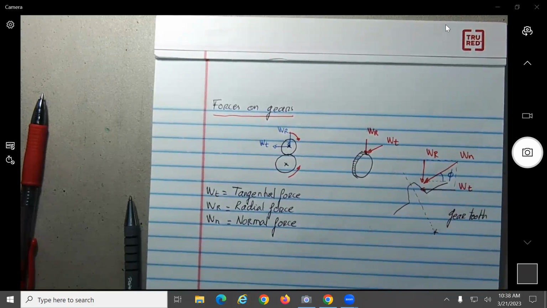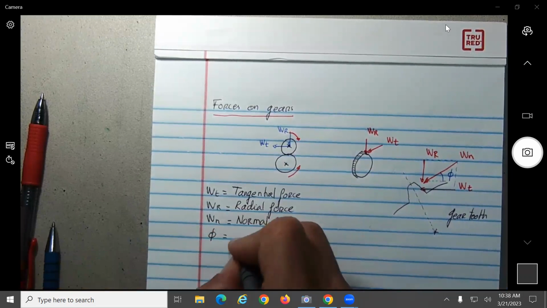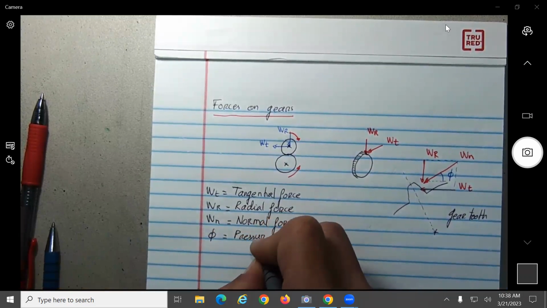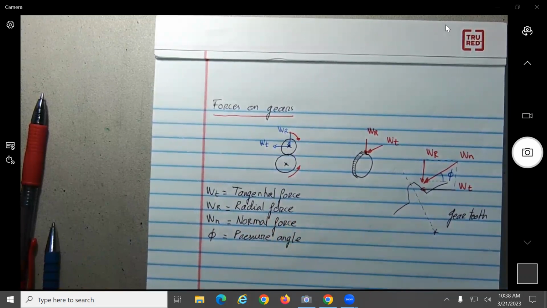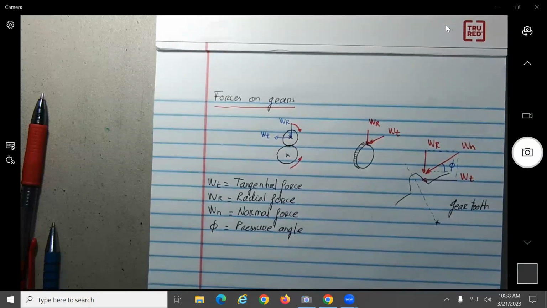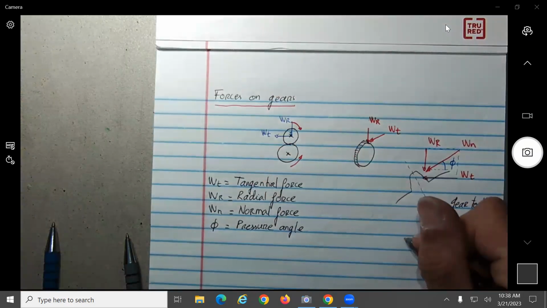So maybe it was not a good notation what I used before. So in here, phi is what is known as the pressure angle. Okay, so let me just do a different figure here.